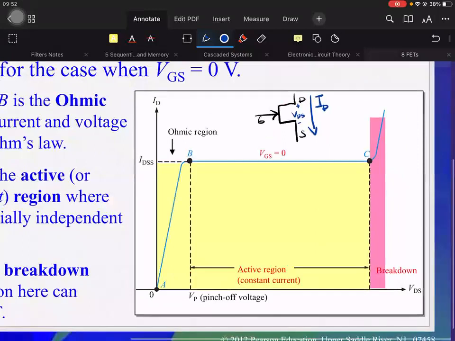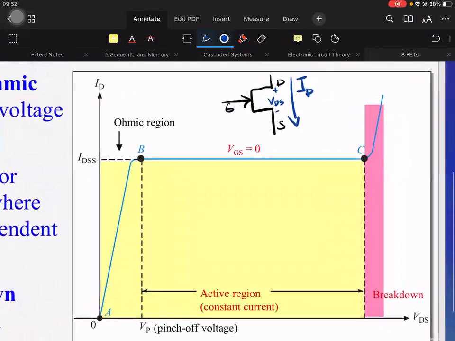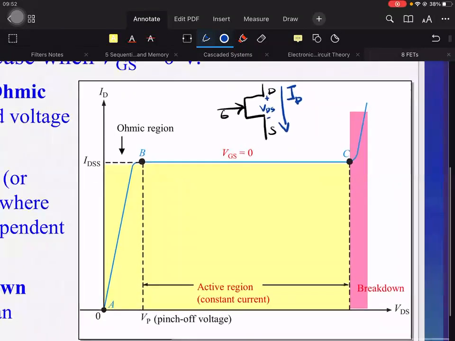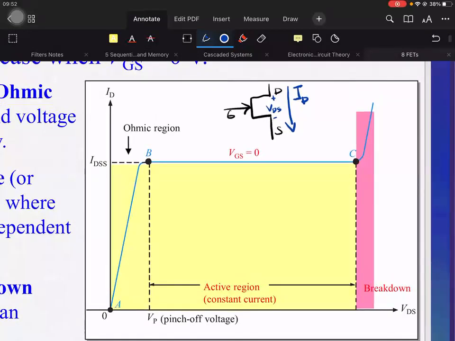So we have 3 parts to our characteristic curve. We have the ohmic region, from A to B. This is at specific values below pinch off, where the voltage to current characteristics of our FET is much like a resistor, very linear. Remember, the VI curve for a resistor is linear.